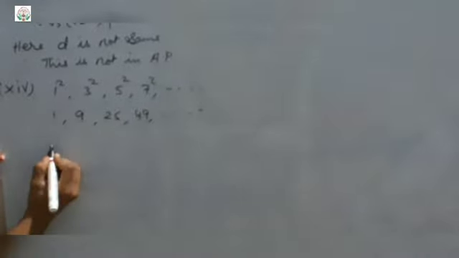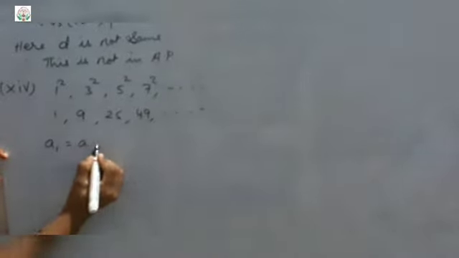Okay. So now what is a1? a1, first term, equals a equals 1. Now what is d? d, subtract 9 minus 1. That is, here you can write first a2 minus a1, which is equals to, put the value, 9 minus 1, which is equals to 8.